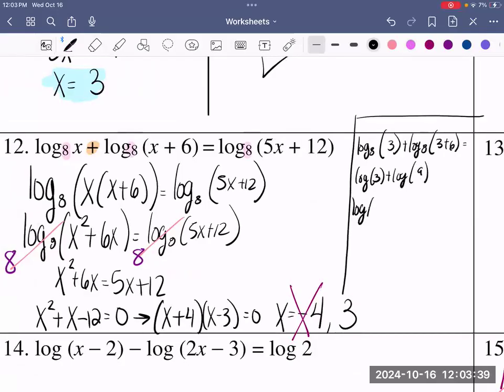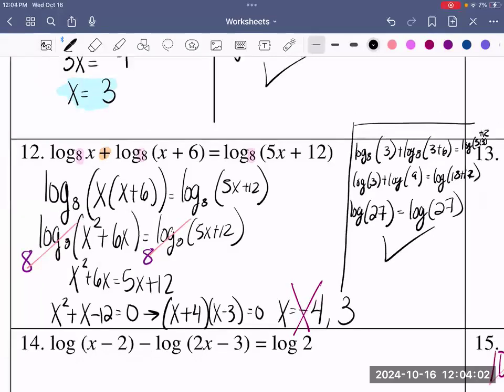So you have log of 3 times 9 is 27. So that's on one side. We also have log of 5 times 3 plus 12, so log of 15 plus 12, which is equal to log of 27. So again, that is your correct response.